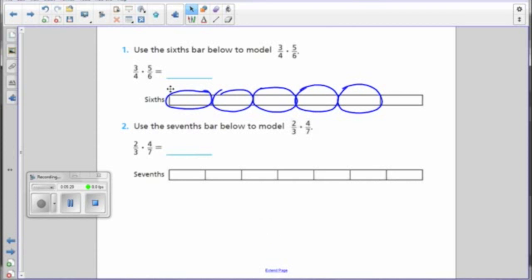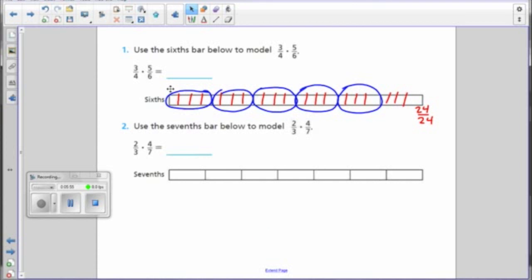And the next thing is I need to make these into 1, 2, 3, 4. I need 4 pieces in each one of these 6. Hopefully you're seeing 24 pieces here, because 4 pieces in each one of these would be 24 pieces.